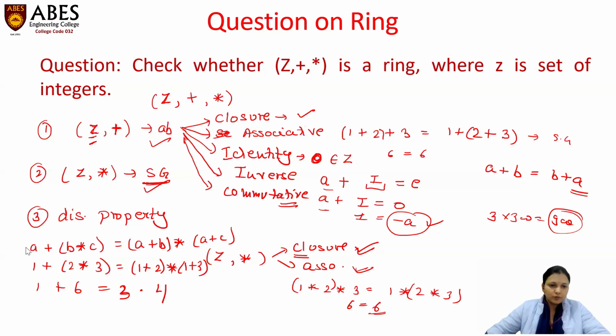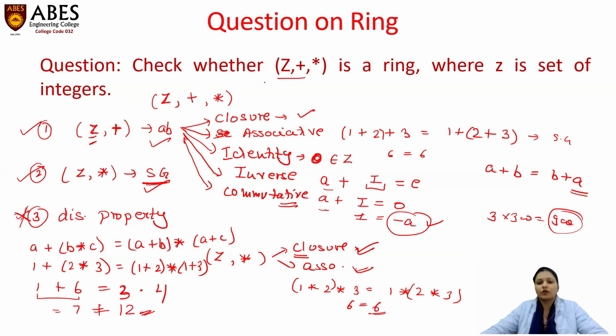So here the distributive property is not satisfied. We can see that it is 7 and this is 12, which are not equal. So the first condition was satisfied, the second condition was satisfied, but the last condition was not satisfied. So the integers with addition and multiplication is not a ring.